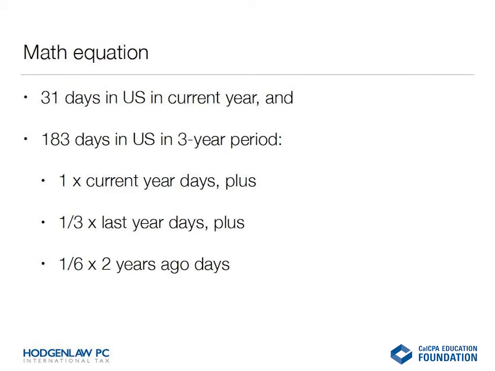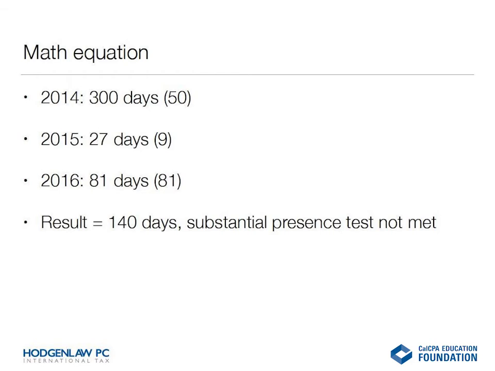Looking at a very simple example, let's say in 2014 you were in the U.S. 300 days. We're looking at 2014, 2015, and 2016, so for 2014 you take 300 days divided by 6. You get 50 that you use for the substantial presence test.